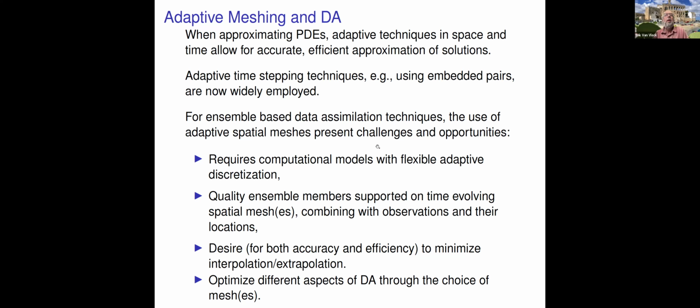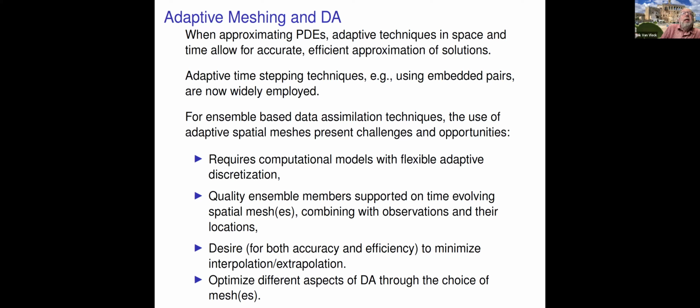Okay. All right. So we'd like to get quality ensemble members supported on time-evolving meshes and combine these meshes that support the ensembles with meshes that support the observations in their locations.